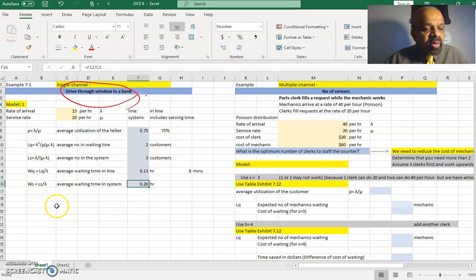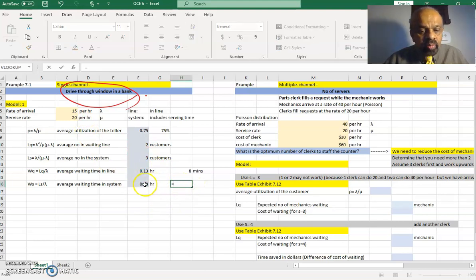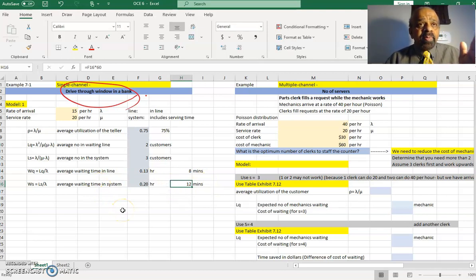So WS is equal to LS over lambda, where LS is 3 and lambda is 15. That comes to 0.2 hours, and that will be equal to 0.2 times 60, which comes to 12 minutes. So the average waiting time in the system is 12 minutes. That means from the time a person enters the bank until he leaves, it's going to take 12 minutes on average. Okay, so this is your first model.